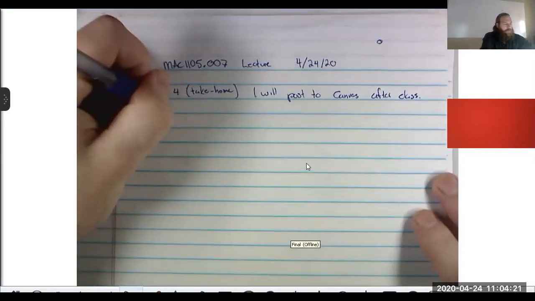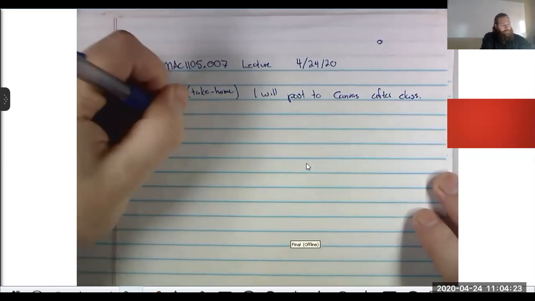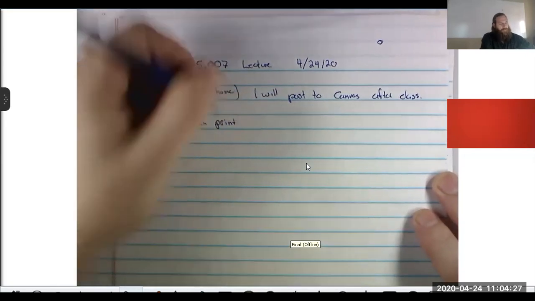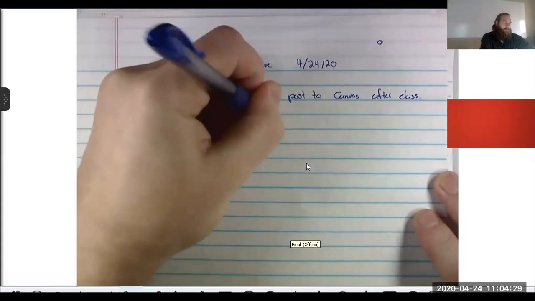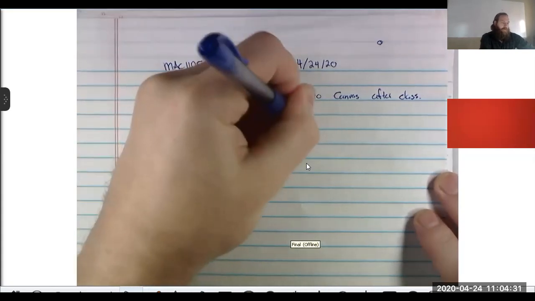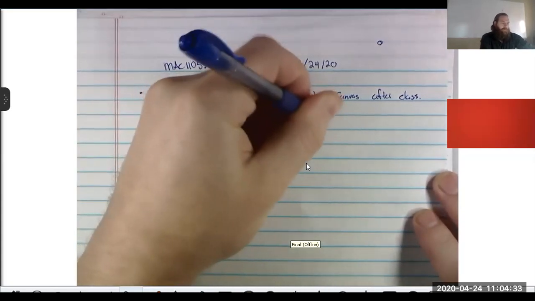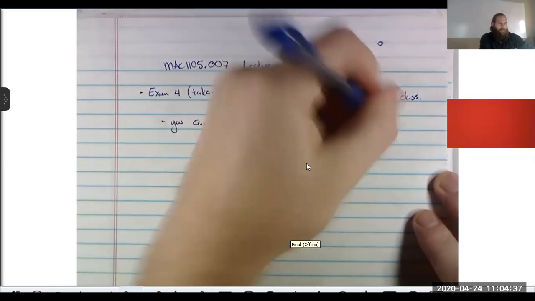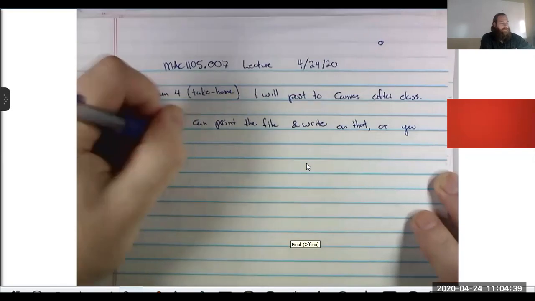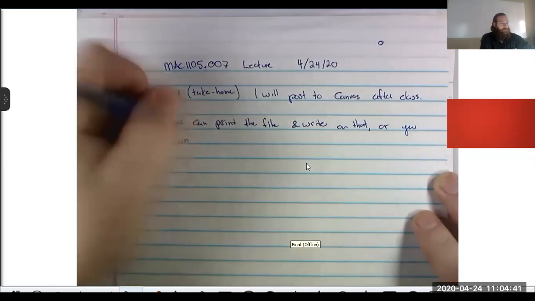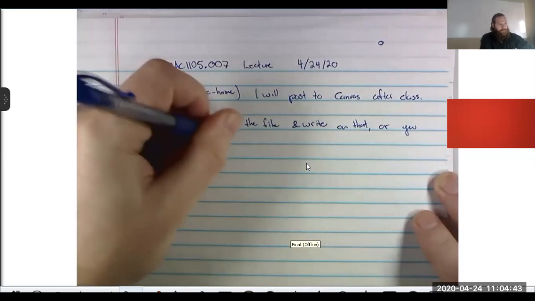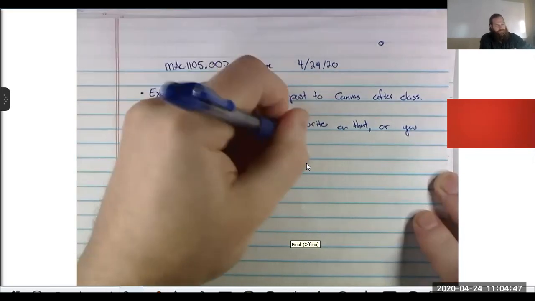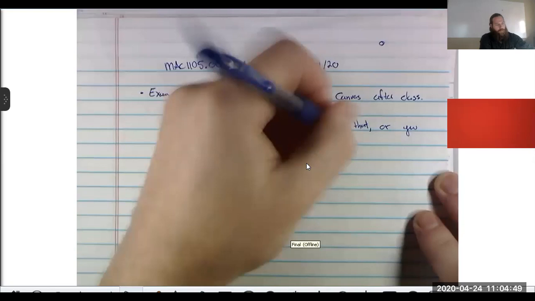You can either print the PDF I will send you and write directly on that, or you can just write your solutions on your own blank paper.